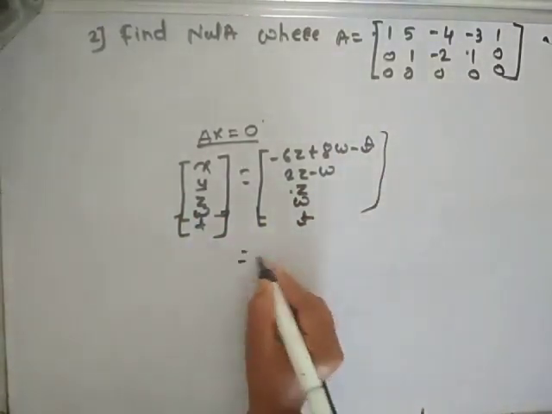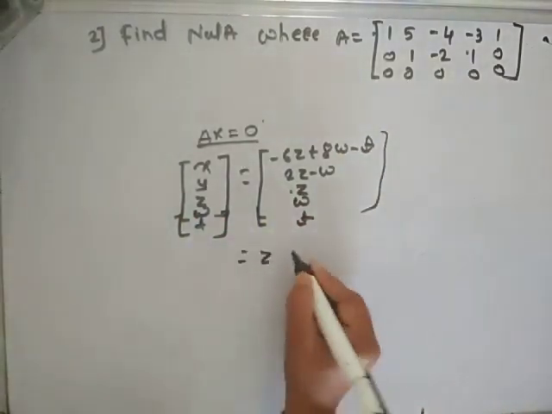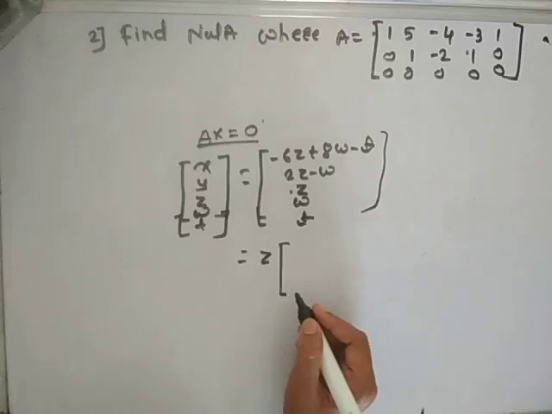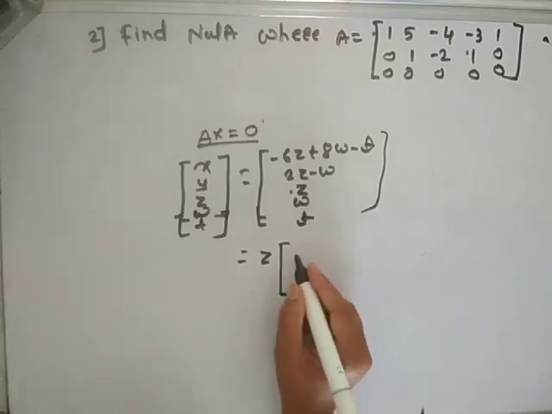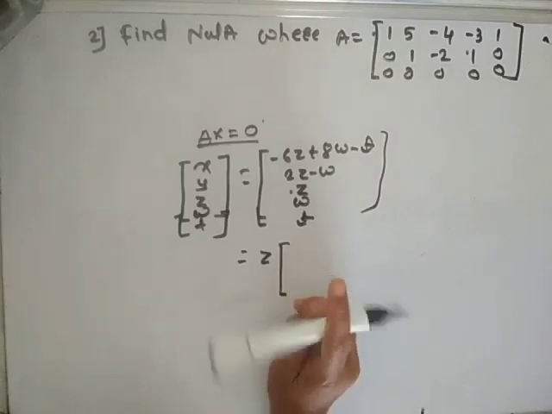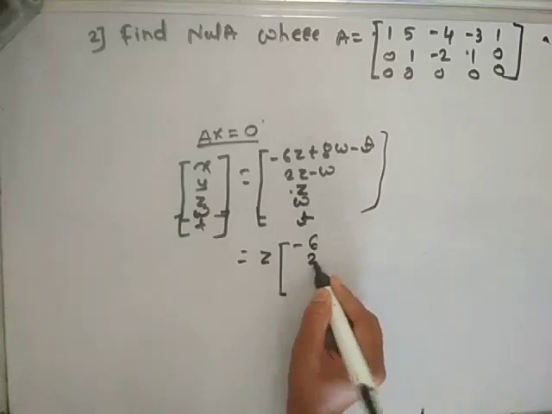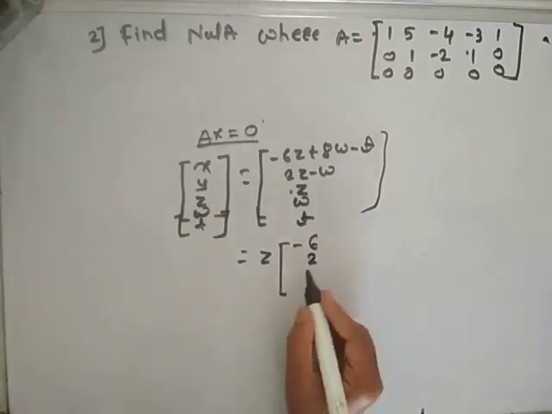Okay, now see here, z times minus 6, 2, 1, 0, 0. Write down the coefficient of z.